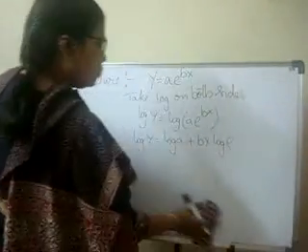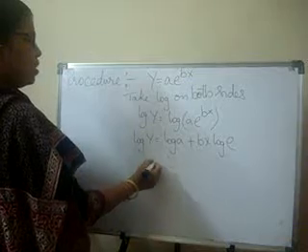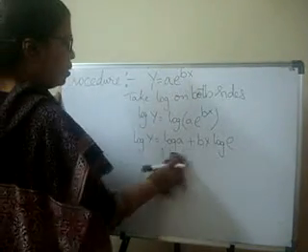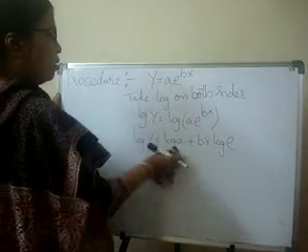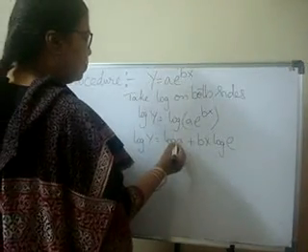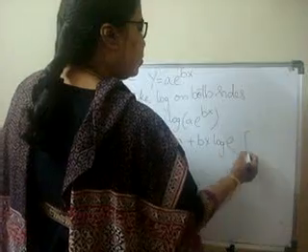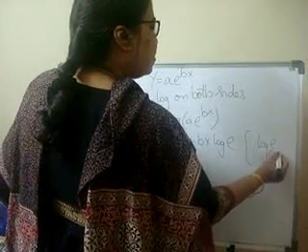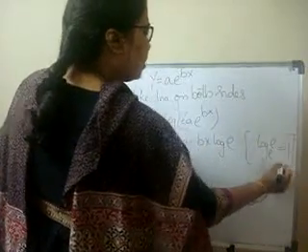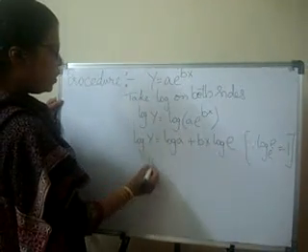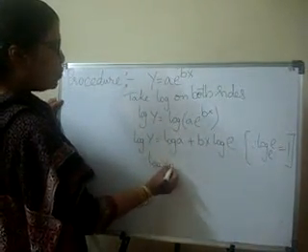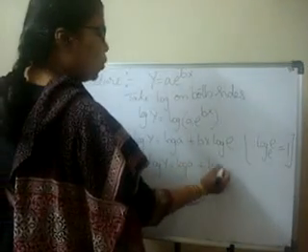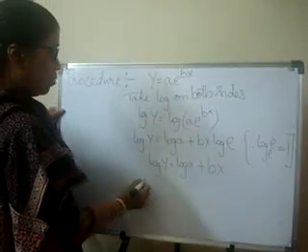Now, since log e to the base e is equal to 1, applying this, what are we going to get? Log y is equal to log a plus bx into 1. That is bx.